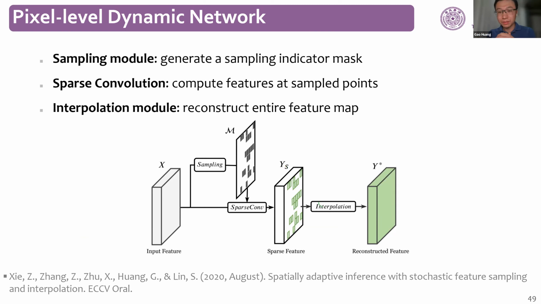With interpolation, you just take each independent feature map and perform bilinear interpolation or another interpolation algorithm, which is very simple and very efficient. Okay.